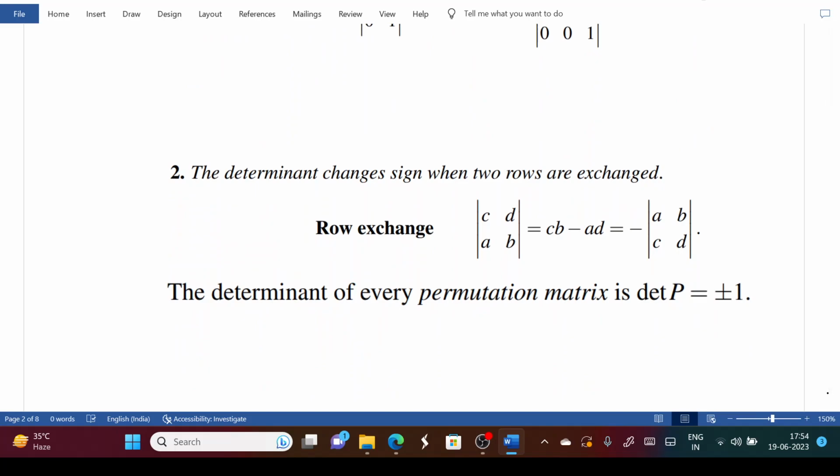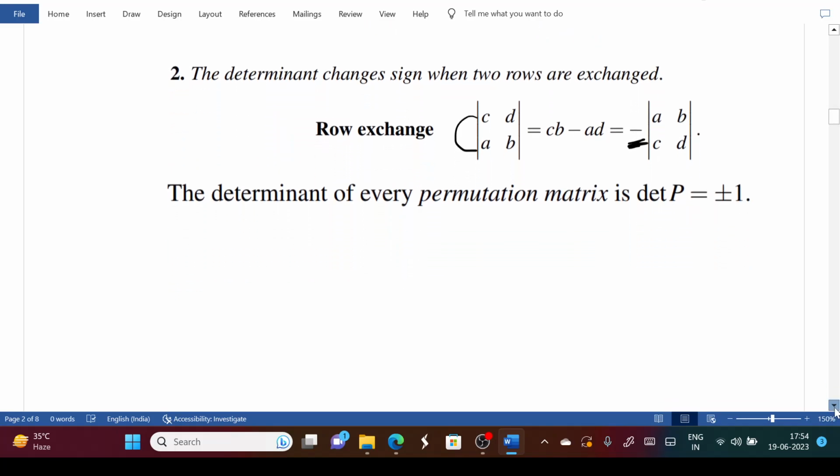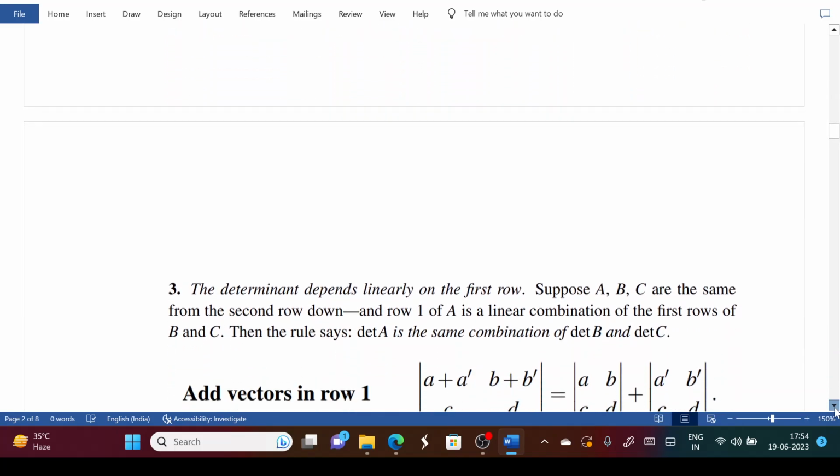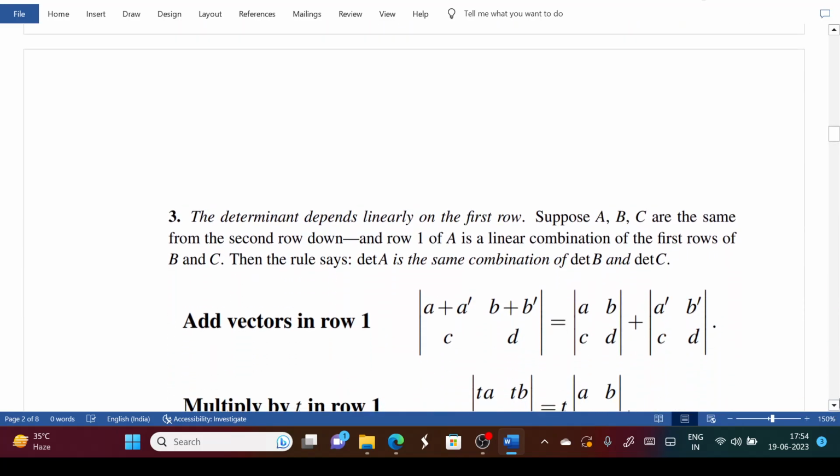Observe here, these two rows are interchanged, then there is a negative sign here. So the determinant of every permutation matrix is plus or minus 1, because a permutation matrix is obtained from the identity matrix, which has determinant 1. When there exists a row interchange, the result is obtained with a plus or minus sign.